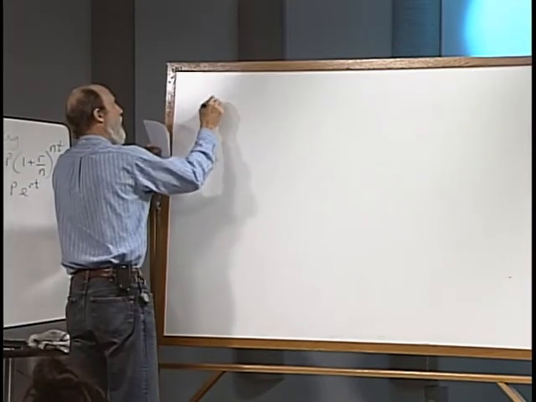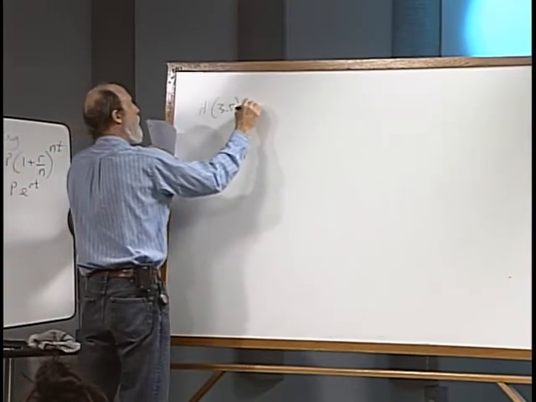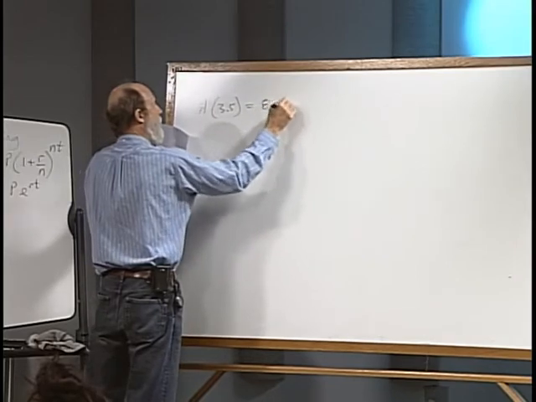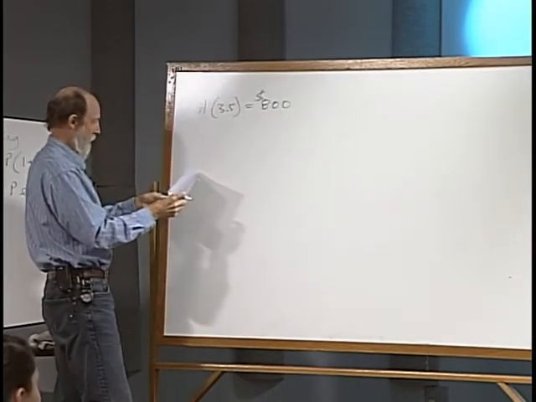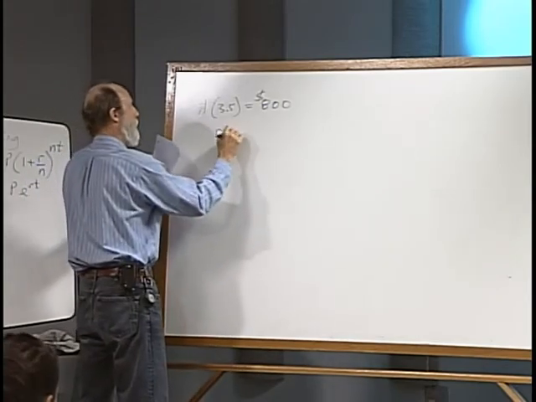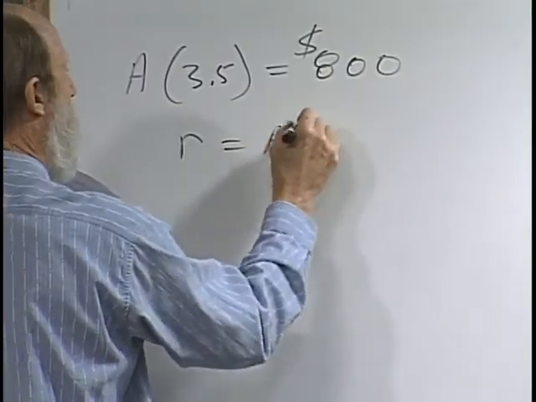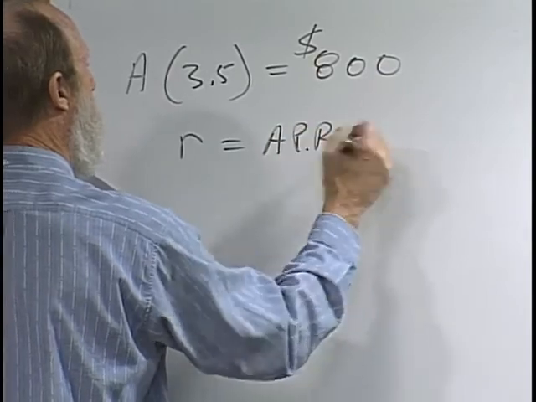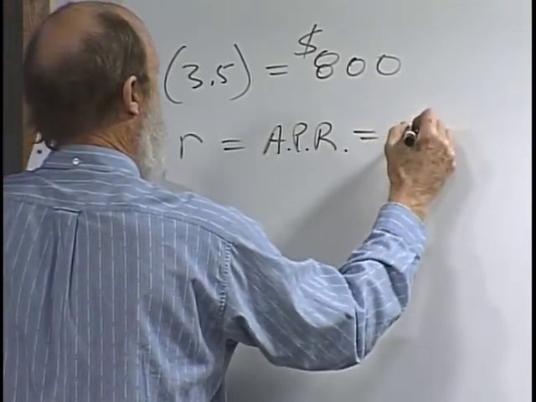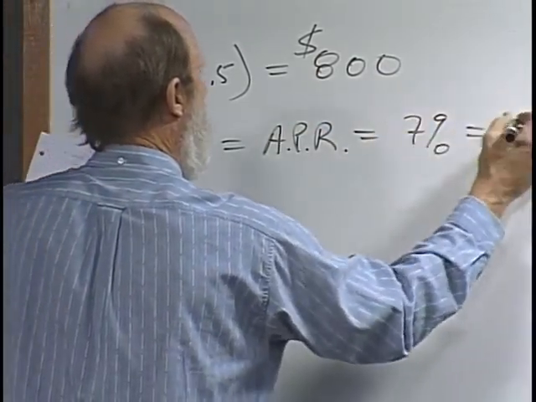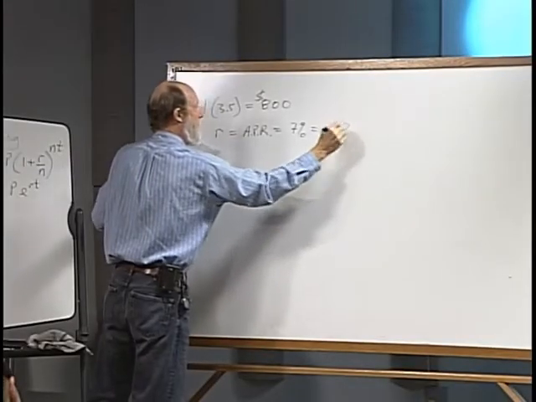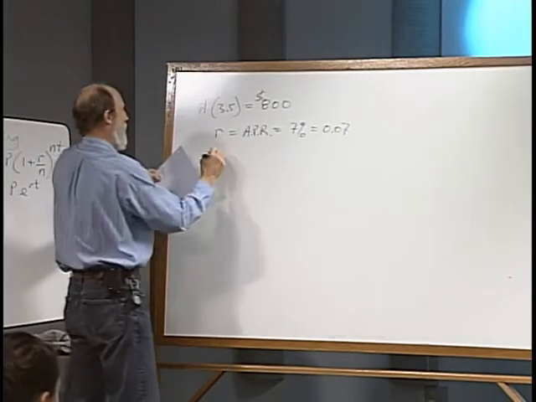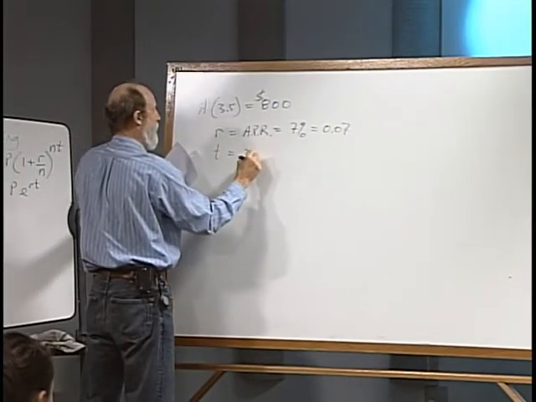So A at 3.5 years was equal to $800. Remember, we wanted to have this much money in the future. And our interest rate, our annual percentage rate, called the APR, happens to be 7%, which we know is 0.07 as a decimal. And the time was locked in at 3.5 years.